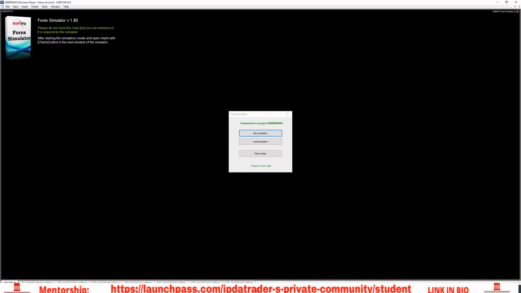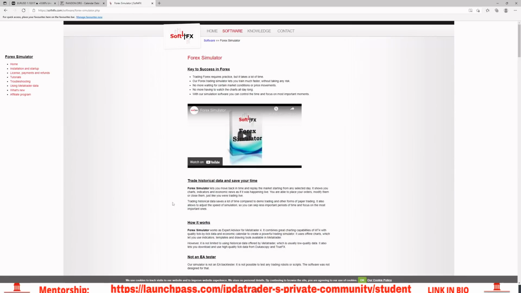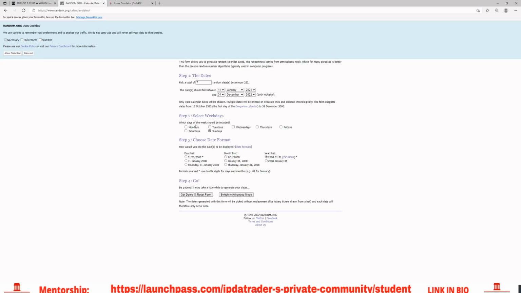So in order to pick a date, and just to make sure no one thinks that, hey, I know what's happening in the charts every single day and that I've picked a date that I know in terms of the candles and what's happening at that point, we're going to be going over here. Let's say we want to pick a total of 5 dates. We're going to be choosing between January 2021 and actually not December.